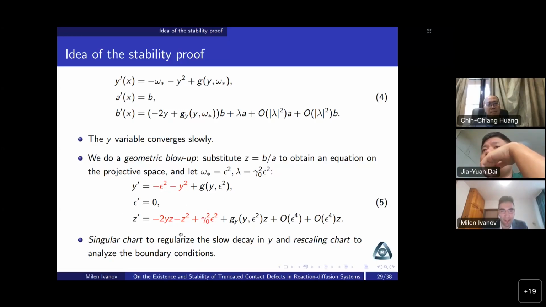Anyway, on the right hand side I have a quadratic polynomial, which I outlined in red, plus higher order terms. These geometric blow-up methods allow us to introduce charts, i.e. substitutions, and I need the singular chart to understand the decay in the y equation, and I need a rescaling chart to actually write down the boundary condition.